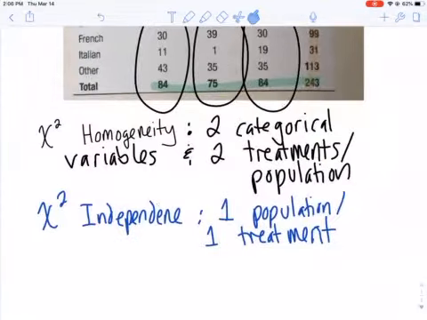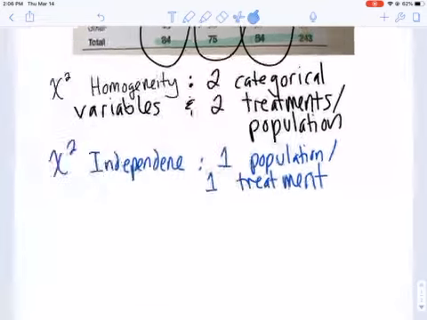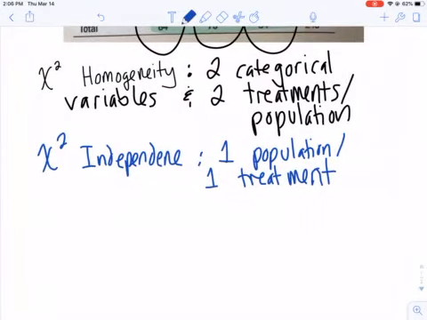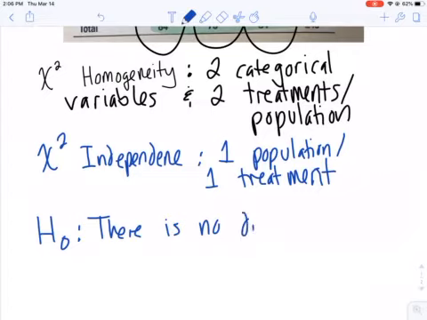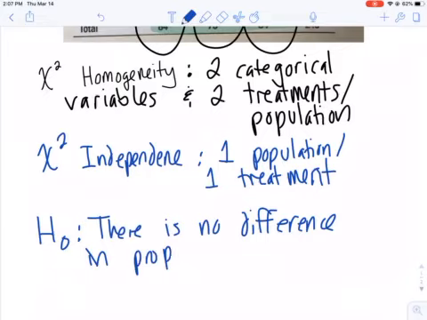All right. So, what we're going to assume here is our null is that there is no difference in proportion of food and music.